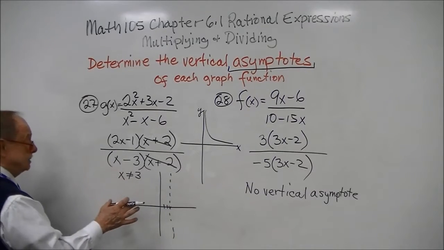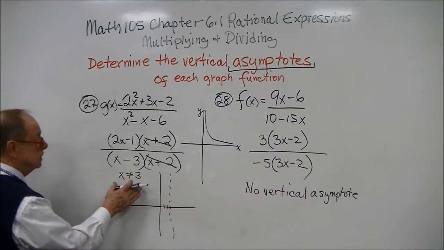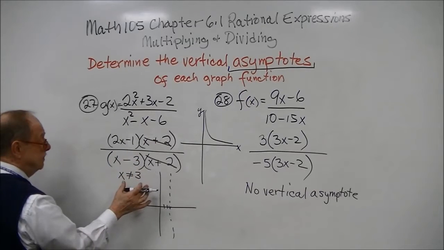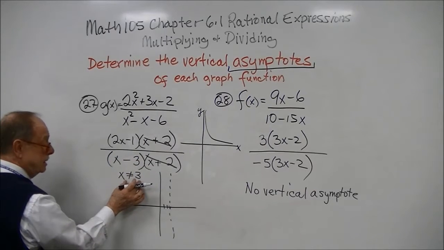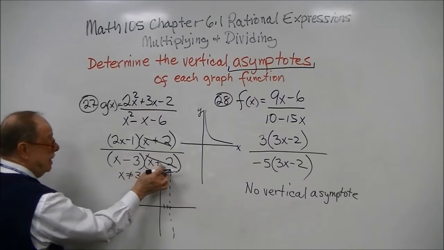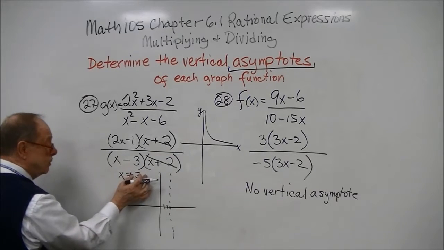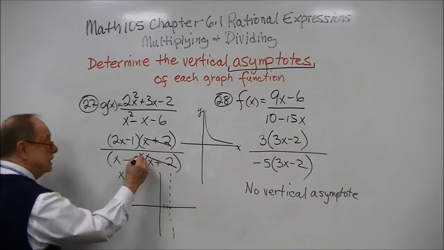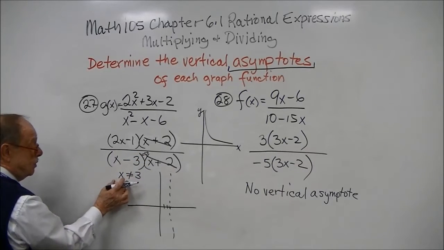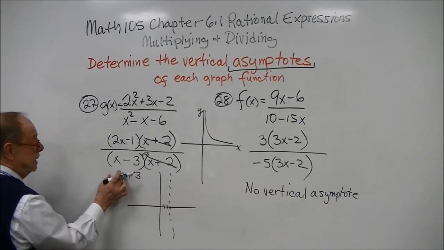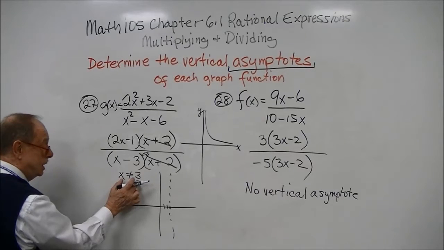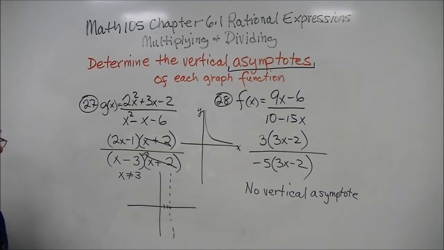So the vertical asymptote for this particular expression, once we did the factoring and canceled out our x plus 2's, the only one we're left with is x minus 3, but then that is equal to 0. So we say that the value that would be excluded from here would be a positive 3, and that happens to be our vertical asymptote.